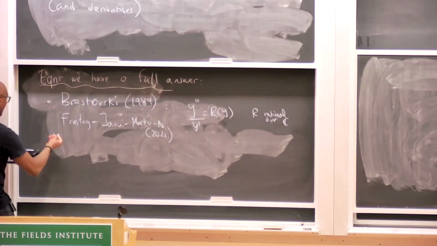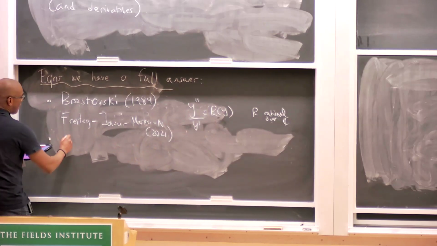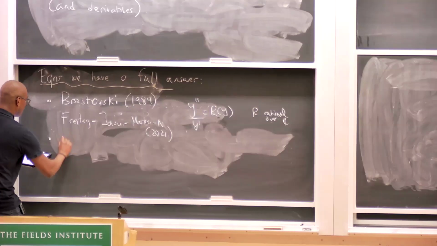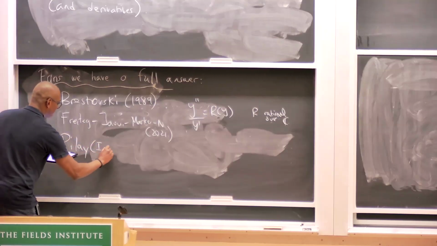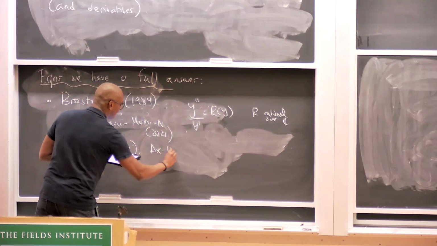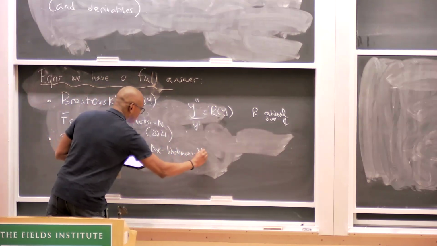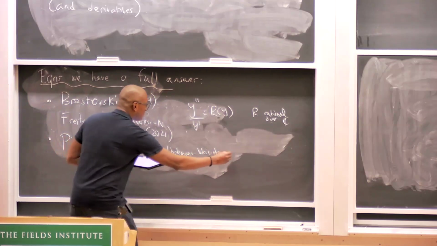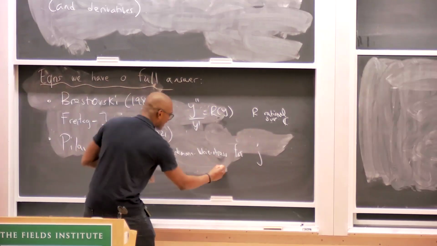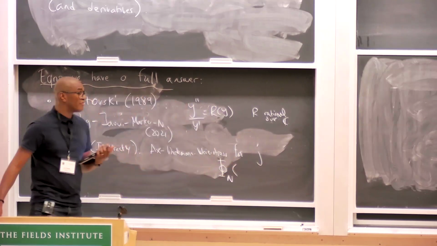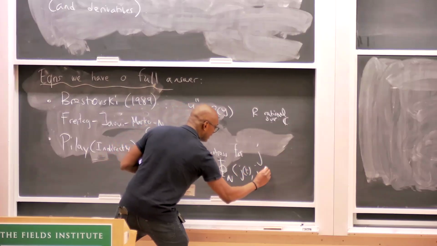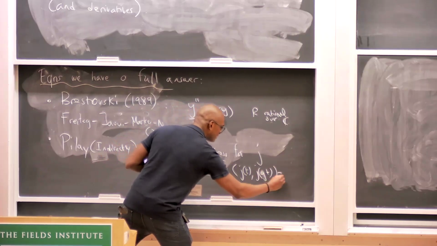Another, more recently, is the work of Pila on the Ax-Lindemann-Weierstrass for J. So let me just say that: Pila, and I'll say indirectly, the Ax-Lindemann-Weierstrass for J. And so what's done here is, well, we've seen in the talk of Sebastian that we have these modular polynomials that vanish on J(T) and J(gT), let's say, for g in GL2(Q)+.